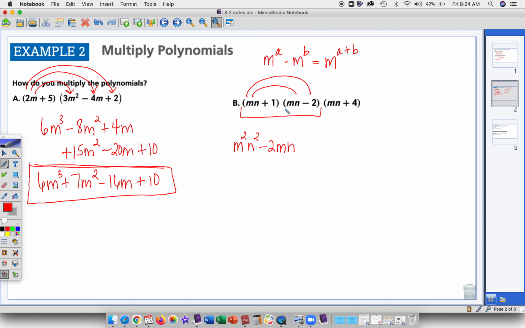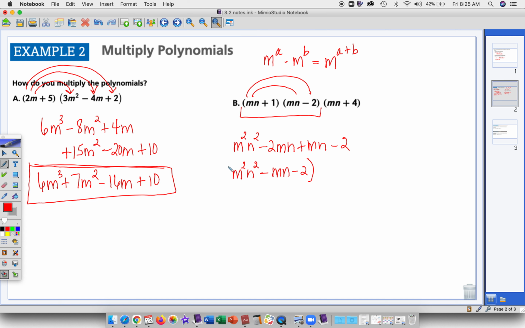Then my inners, so I have 1 times mn. That's just a plus mn, and then 1 times negative 2. I can add together my middle terms because they're like terms. So minus 2mn plus mn gives me a minus 1mn, but again I don't write the 1.